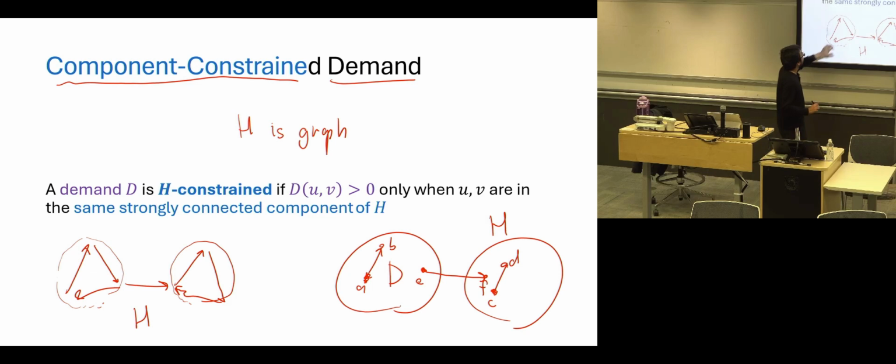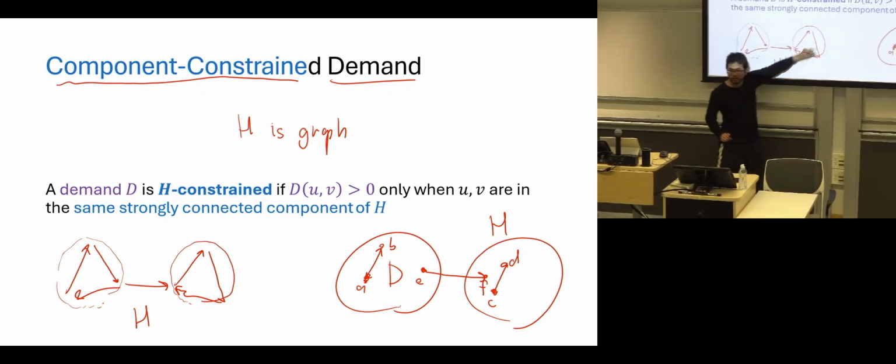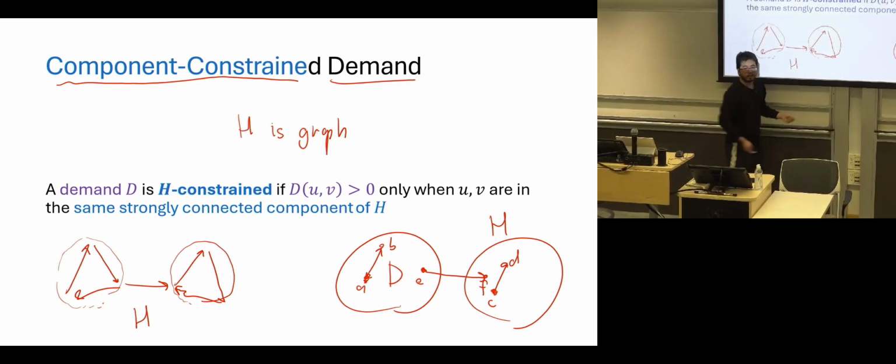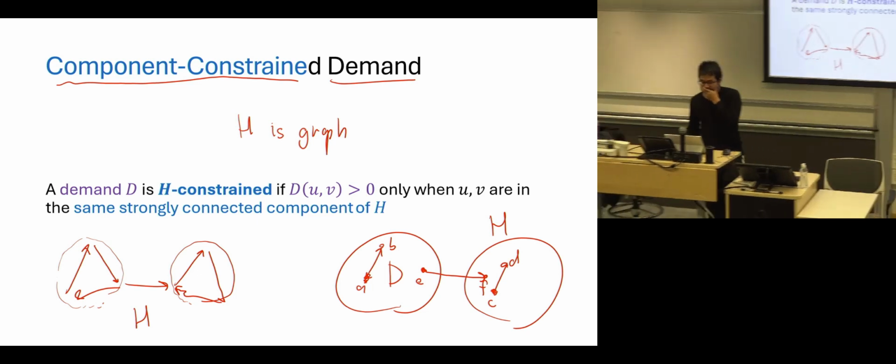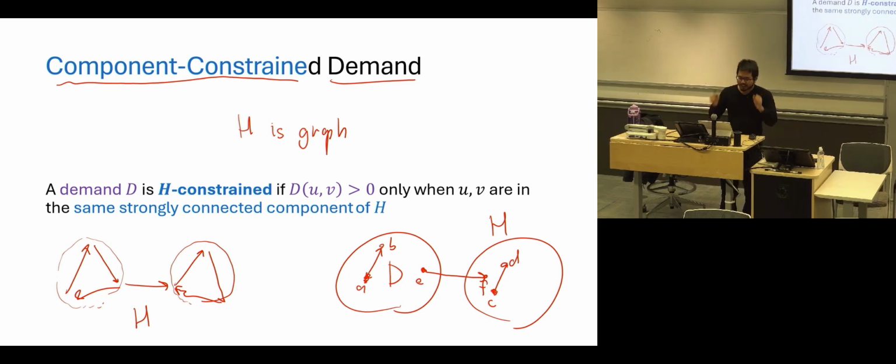Then the demand that is constrained by H is only between nodes here or nodes here. You cannot send between this guy, because these two groups are not strongly connected. Okay. So I'm just defining what it means for a demand to be component constrained by some graph. It just means I have demand only between pairs that are in the same strongly connected component.